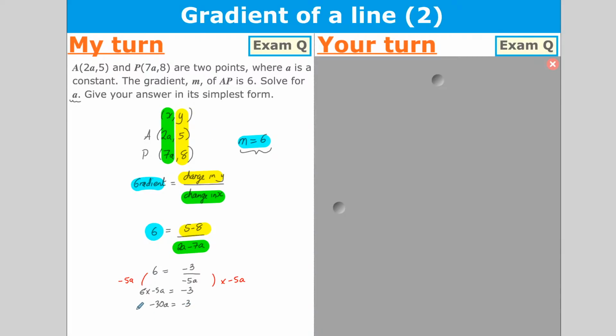And then finally, divide both sides by negative 30. And what you get for yourself here is that a is equal to negative 3 over negative 30. I can divide the top and bottom by negative 3 to simplify, because I was asked in simplest form. And I get, I'm going to write over here because we're running out of space, a would therefore be equal to 1/10.